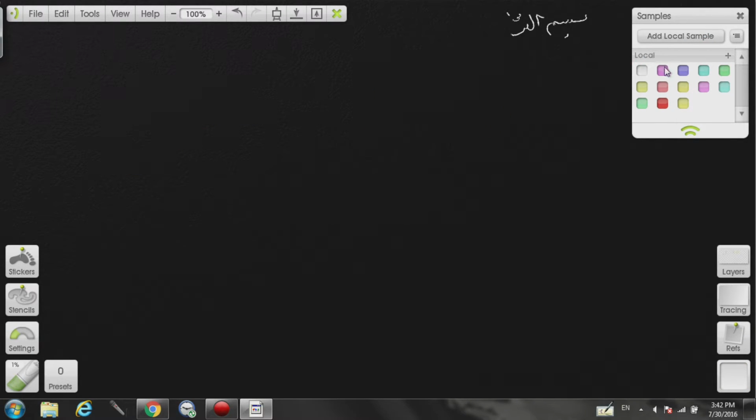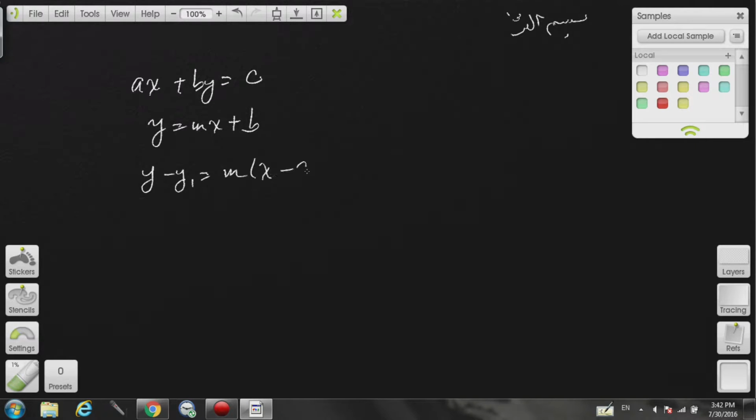Now, when we say there are three ways to write an equation of a line, correct? So standard, slope-intercept, and point-slope form. In the standard form, these are certain numbers, of course. For example, 2x plus 3y equals 7. If this is given to you, then a is 2, b is 3, and c is 7.